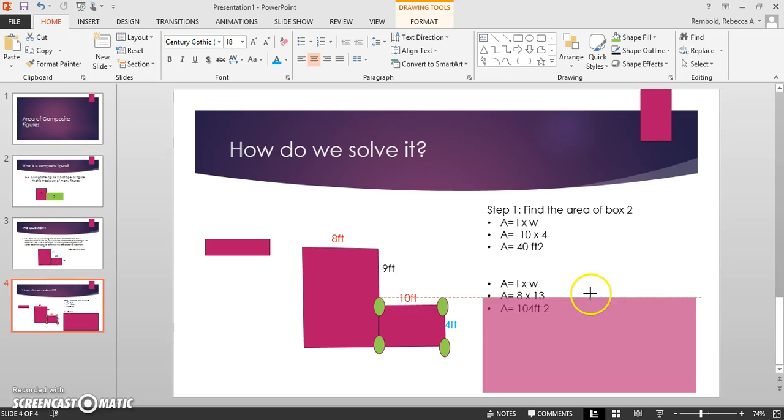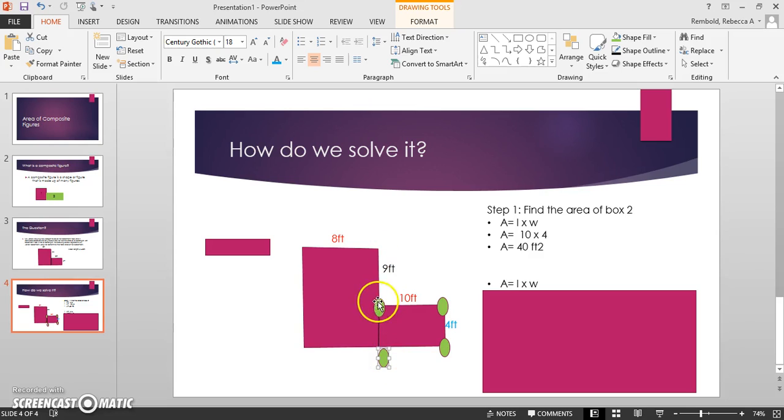What will change though is that this number 9 right here only covers the length from the starting point right here to this first green dot. That does not cover our full side right here. So we need to find the length of this black line where I partitioned.